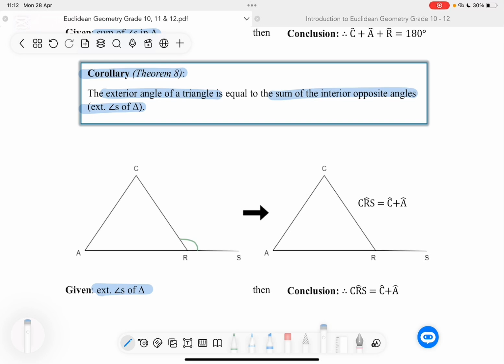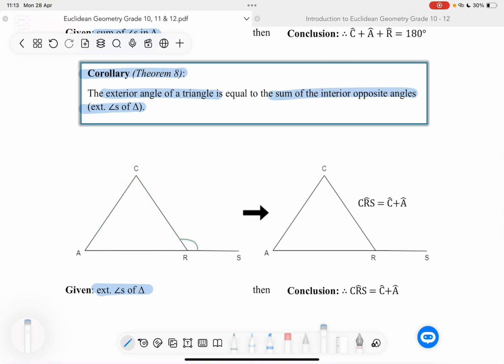These are called opposite angles because they are opposite to the exterior angle. For example, if you look at angle C here, it is directly opposite to this exterior angle. If you look at angle A here, it is also opposite to the exterior angle. Remember, opposite means something that is in front of you. So both these two angles are in front of the exterior angle if you look at them from that side.